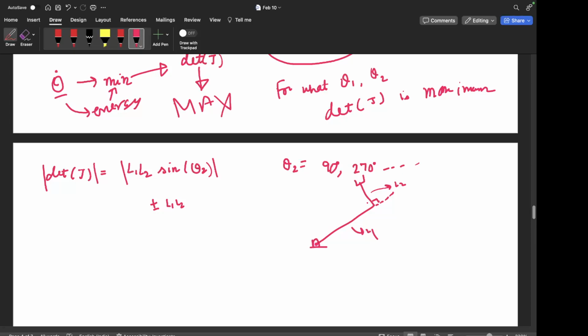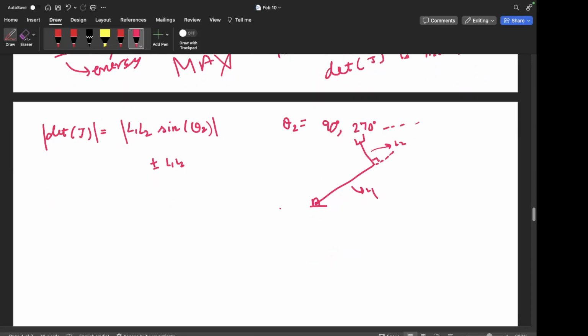This is also a good thing to know, and when we talk about dynamics, we will see how torques and end effector forces are related again through the Jacobian itself, and then we will see the significance of this configuration. So just keep this point in mind.